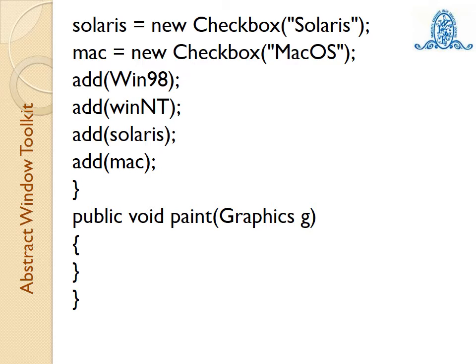After creating these checkbox objects, the next step is we have to add these components on a container, that is applet, and for that purpose we use add method. So add win98, add winnt, add Solaris, add mac. So these four methods will add these four checkboxes on a container, that is applet.